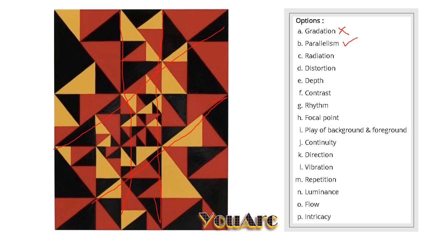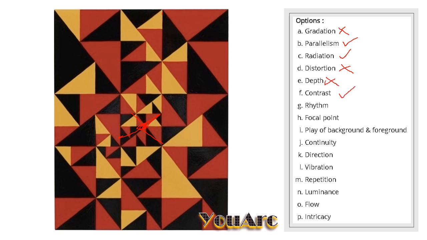Radiation, see, according to me, since the elements are creating a focal point here, and something moving from here they are creating. So according to me, radiation is there, distortion is not there, depth is not there, contrast, yes, it is there.